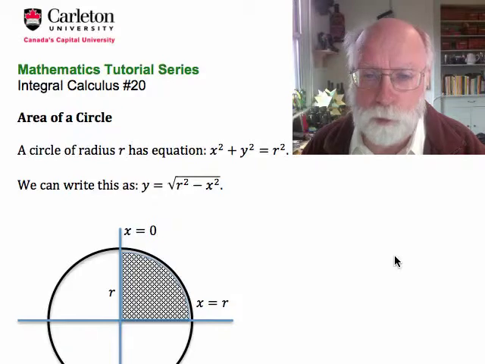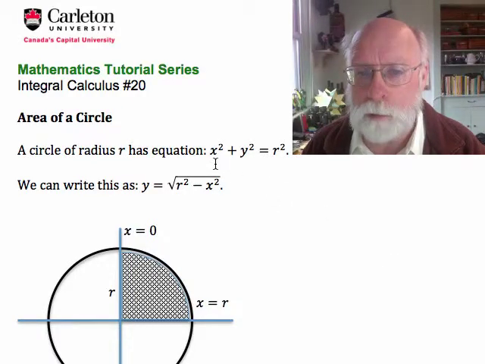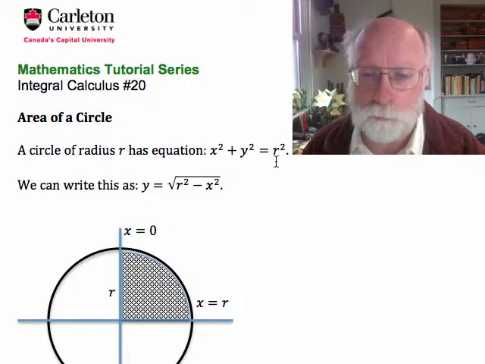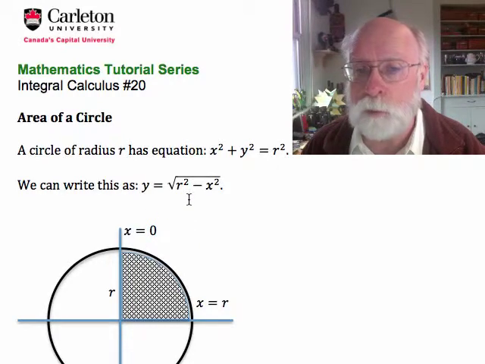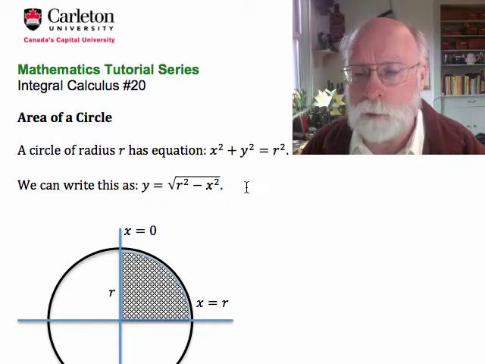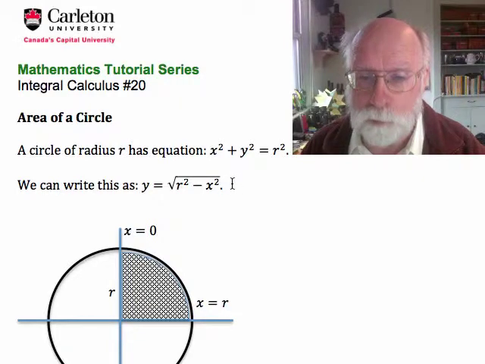The circle with radius r has an equation in Cartesian coordinates that goes x squared plus y squared equals r squared. And we can write this as y equals the square root of r squared minus x squared. Now that square root sign actually is defined to mean the positive square root of r squared minus x squared.